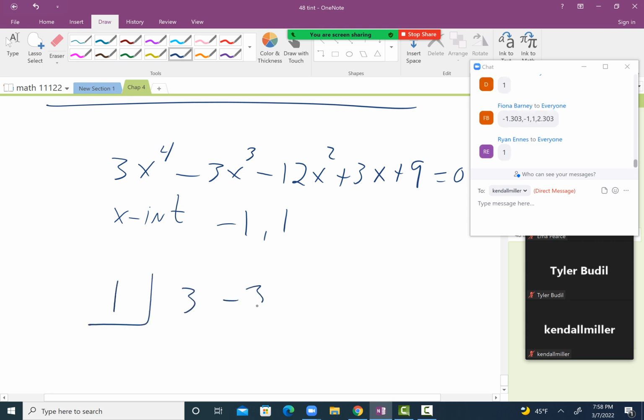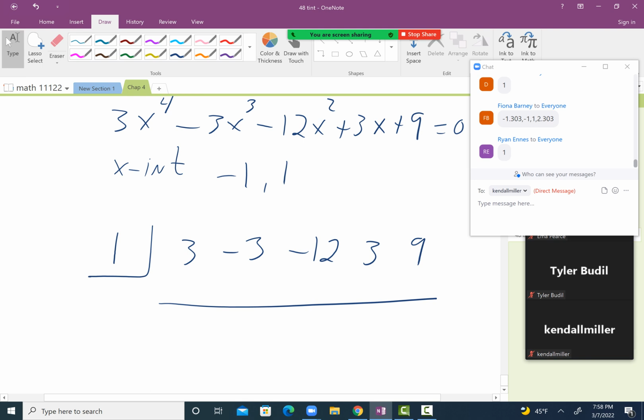Here we go: 3, -3, -12, 3, and 9. Go ahead and do it, and then somebody can chat it or tell me what the bottom row is going to be.